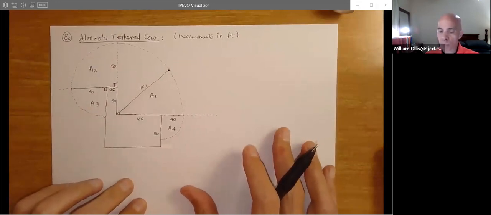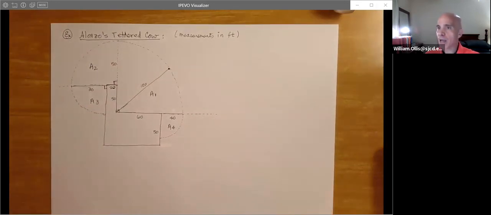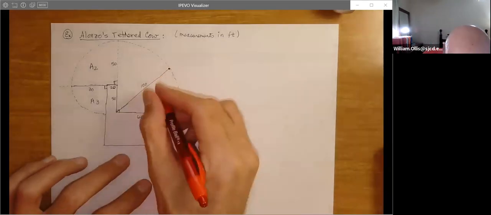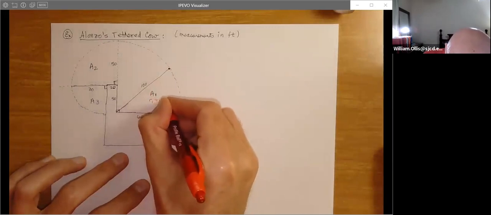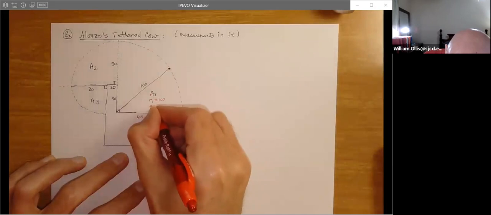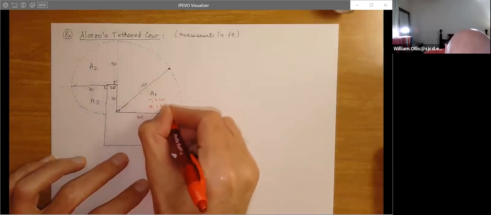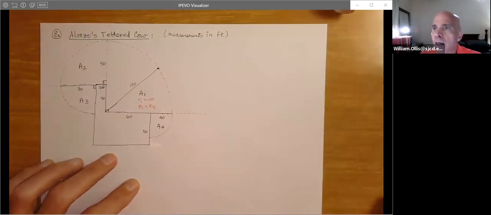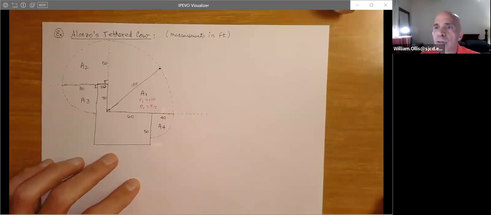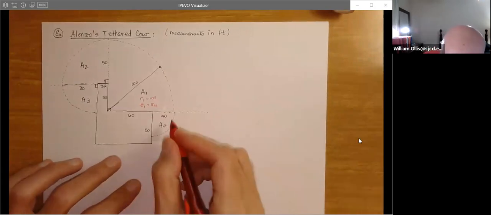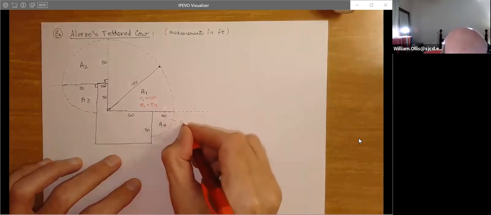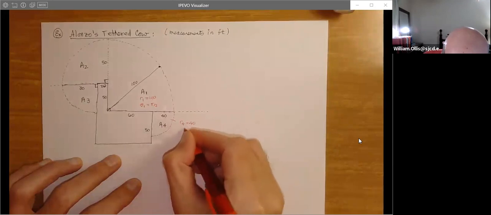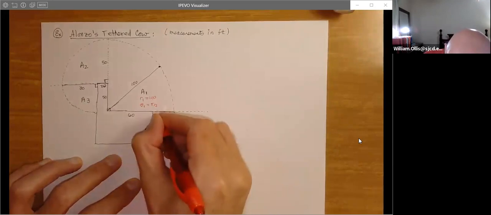So now you can see we have angles and we have radii. Excuse me. So go into each of these and just write R1 equals 100, theta 1 equals pi over 2. Let me move this. And then here, R4 equals 40, theta 4, again, pi over 2.